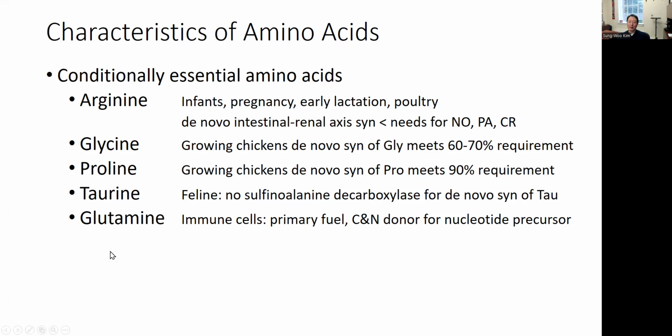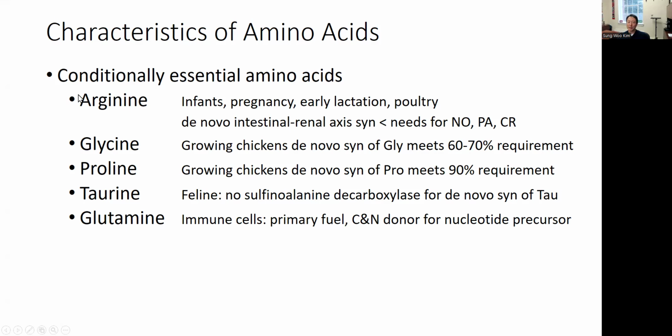When do we need the immune cells to be activated and functioning? When animals are sick. So glutamine becomes essential because the immune cells will utilize glutamine and it becomes insufficient. For sick animals, the needs for glutamine increase and thus it becomes essential.